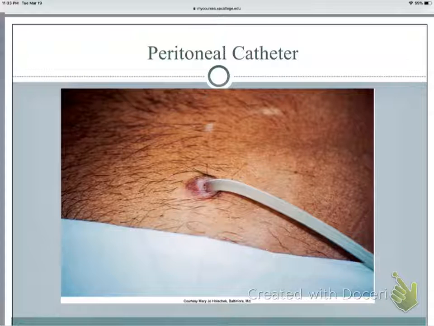So here I'm just going to let you know a little bit about catheter placement. It's accessed through the anterior abdominal wall. It's a surgical procedure, so consent is obtained. It's about 60 centimeters long, or about 24 inches. And again, it's held in place by a Dacron cuff.